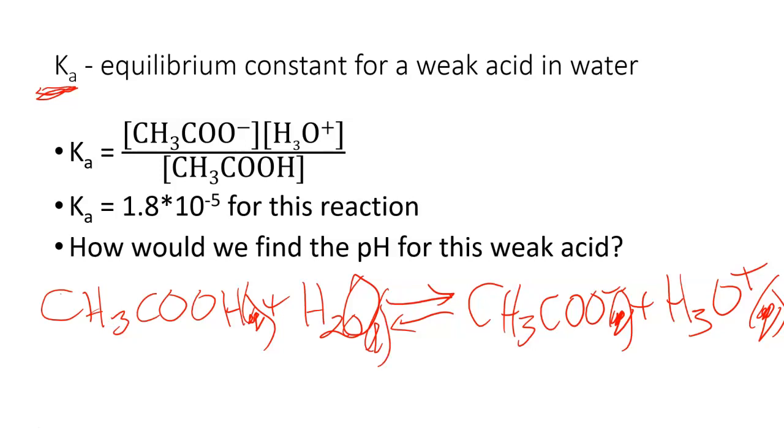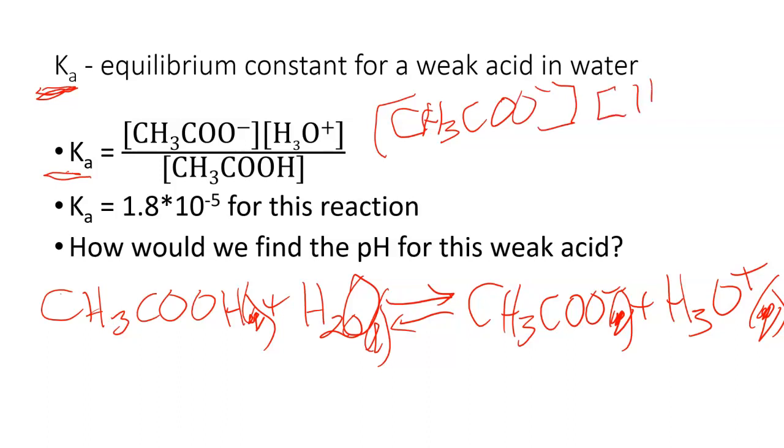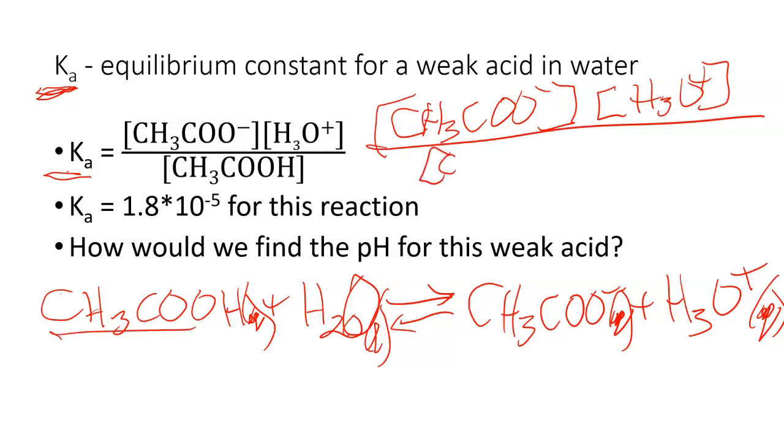We can come up with this K equation, which is our products, so the concentration of CH3COO minus, the concentration of H3O plus, divided by the concentration of our CH3COOH.